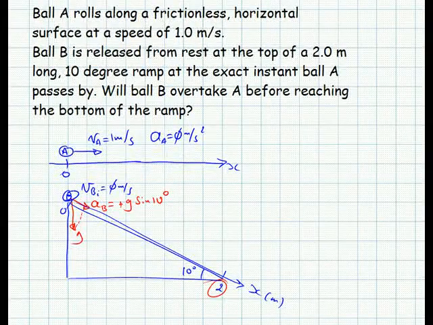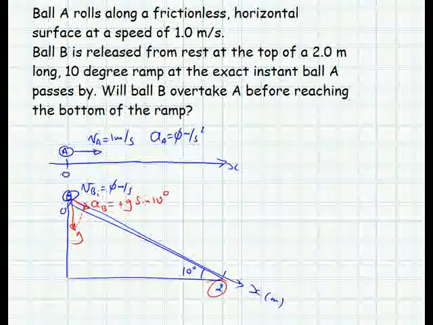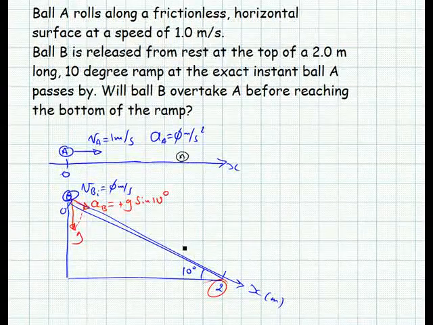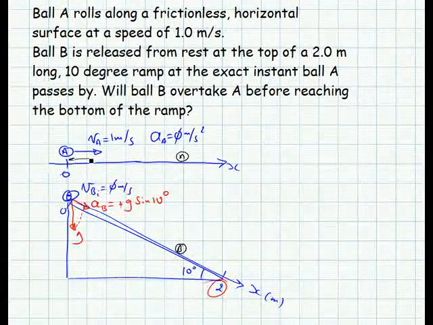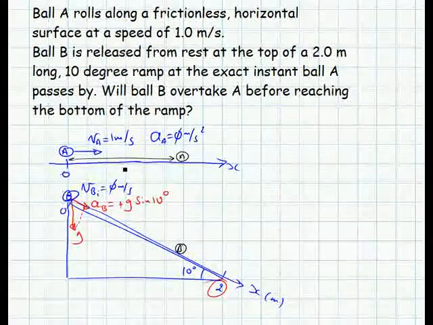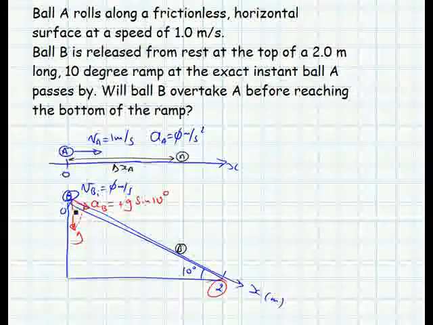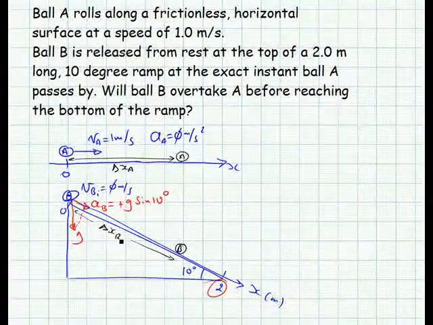We can say that when ball B reaches ball A, when ball A is over here, then ball B is over here, so this displacement we can call delta XA, and this displacement is delta XB.